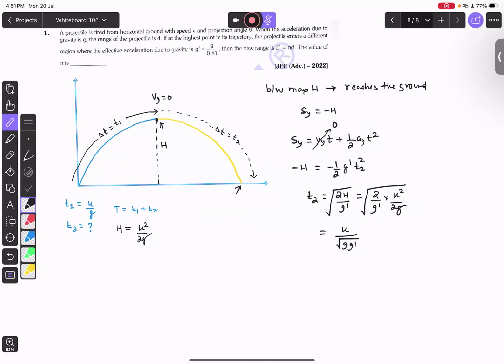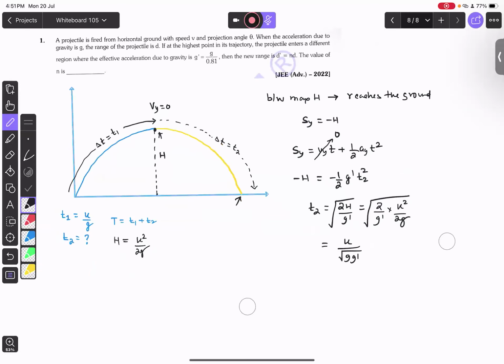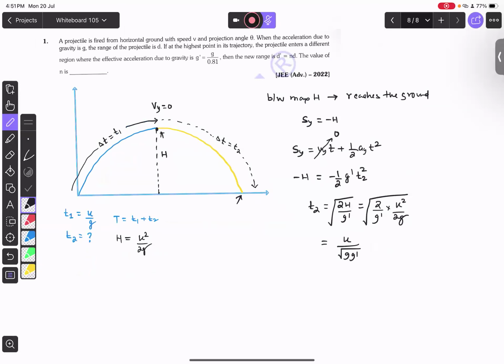So total time is going to be t1 plus t2. Now we know t1 and t2 both. Just find it out. And they're asking us new range also. So the old range will be ux, which is same only, into t1 plus t2. The old one is capital T. So new range I call it as R dash. In case g doesn't vary, the range was equal to ux into t.